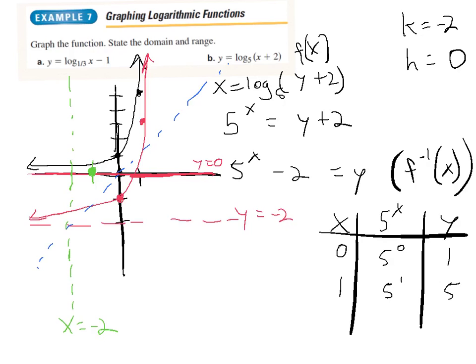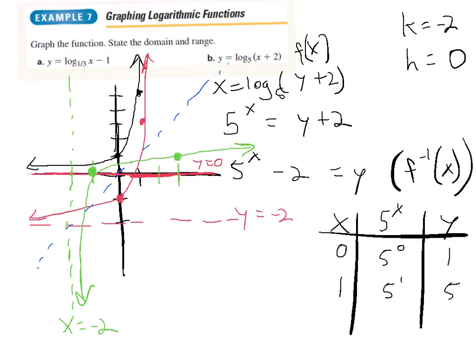Then I had 1, 3 for this point, so it's going to be 3, 1 now. So 1, 2, 3, 1. And it should come from here and curve on down. Total mirror images of what we had before.